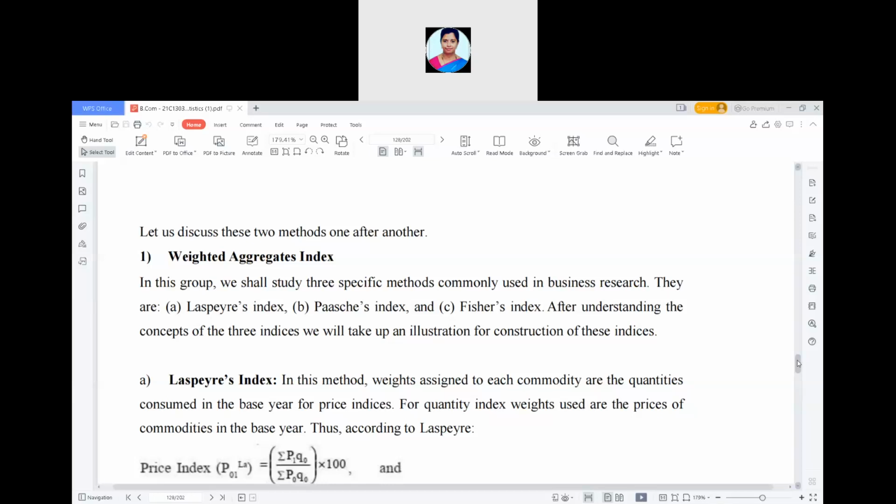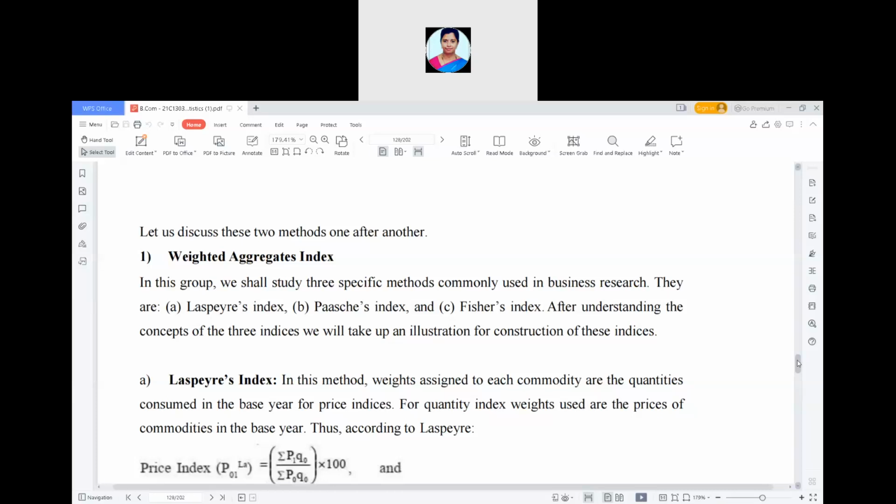The very first is Laspeyres' method, the Laspeyres price index. The price index is always denoted by P01. In Laspeyres' index, the quantities assumed in the base year are assigned as weights to each commodity for the price index. For the quantity index, the prices of the commodities in the base year are used.